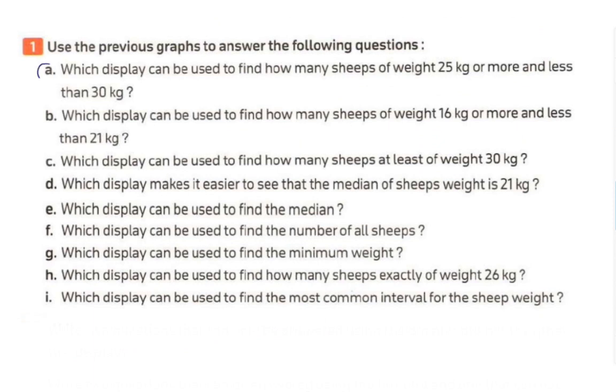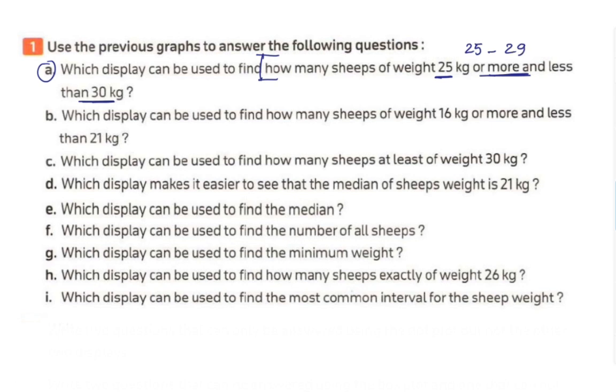So the first question is point A: which one of them, dot plot, box plot or histogram, can be used to answer the question? How many sheep have weight 25 kilogram or more, and less than 30? Less than 30 means up to 29.